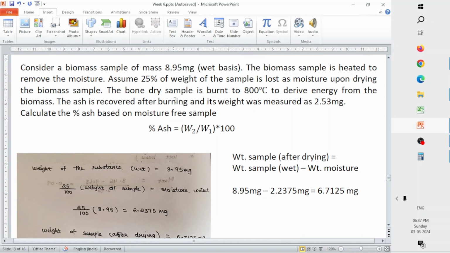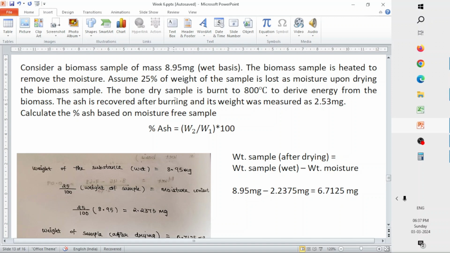So here we take a biomass sample of mass 8.95 milligram, that is on a wet basis. So your mass has the moisture within it. Now it is written that the biomass sample is heated to remove the moisture.